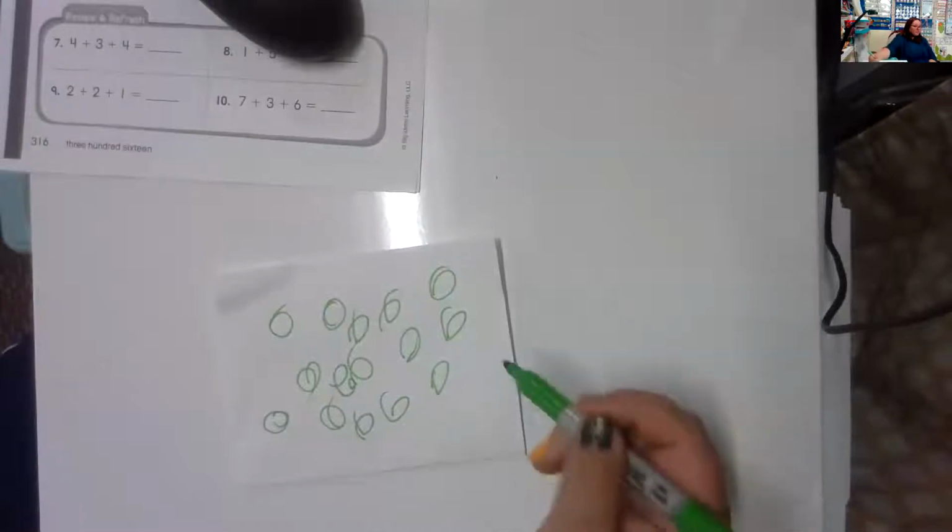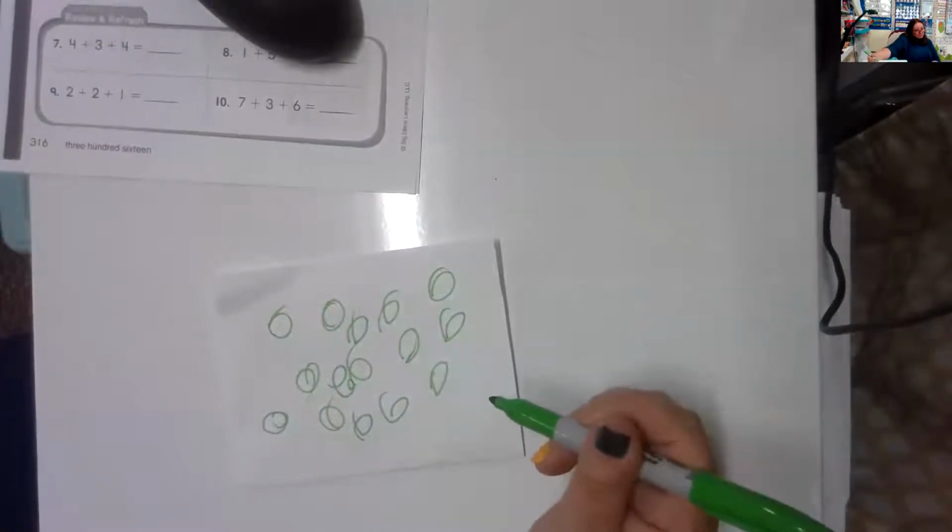How many do I have? Is it kind of hard to count? I see some of your eyebrows going, because was that kind of messy? A little sloppy in how I drew those?